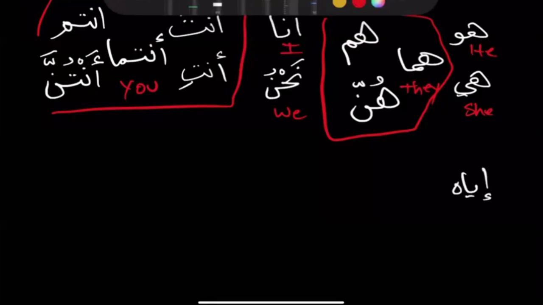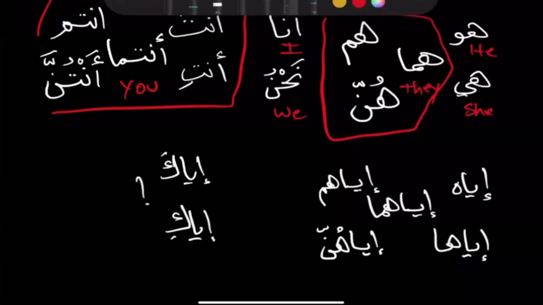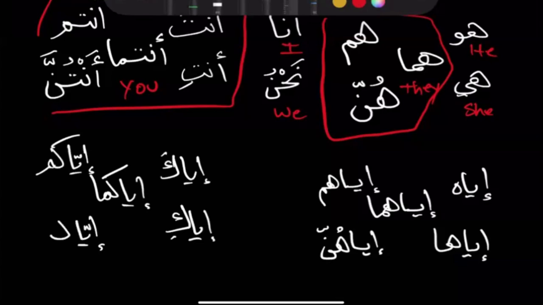Iyahu, iyaha, iyahuma, iyahum, and iyahunna, and iyaka, iyaki, iyakuma, iyakum, and iyakunna. And iyaya and iyana.